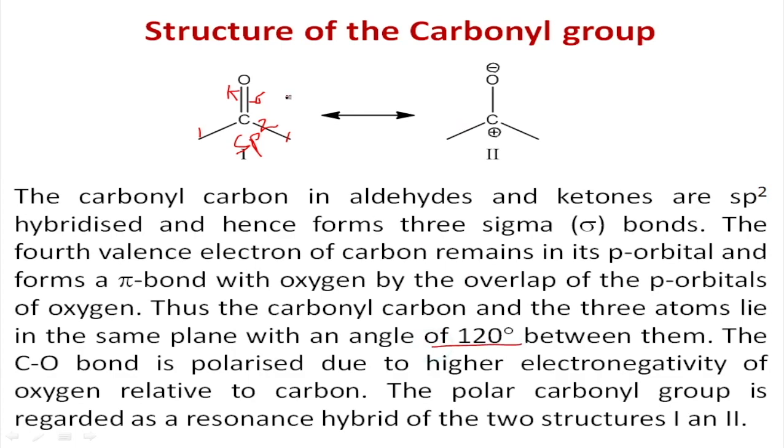Then the C=O bond: oxygen has higher electronegativity, meaning oxygen is highly electronegative compared to carbon. Due to the difference in electronegativity, they become polarized. Since they become polarized, oxygen has a minus charge and carbon has a plus charge.